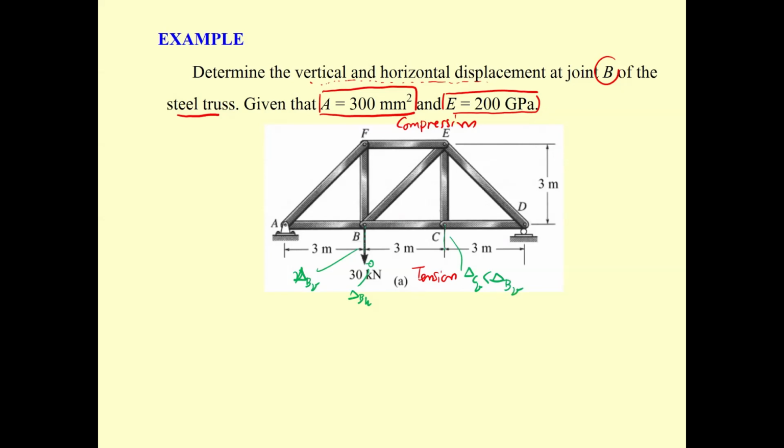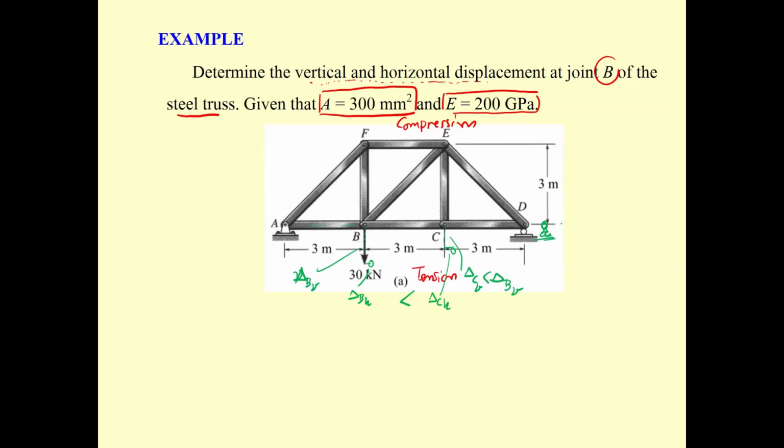And then you should have what? Another additional elongation. And this is going to be delta sub CH. And I believe delta sub CH is larger than delta sub BH, because elongation plus elongation, and then additional elongation occurs over here.